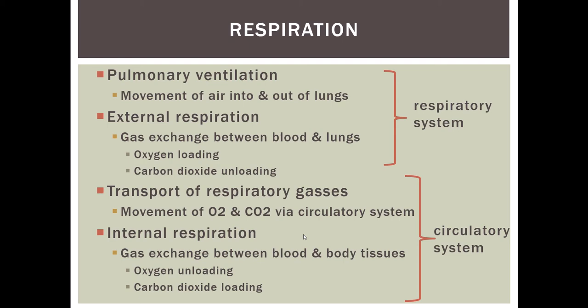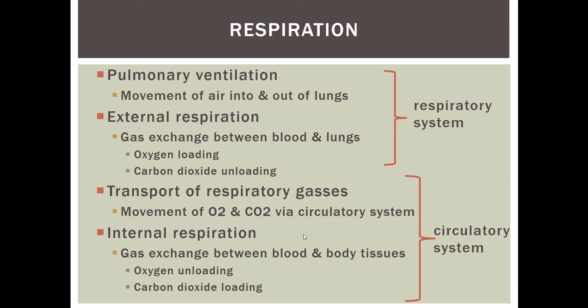Then, once we have those gases in the circulatory system, they're going to move around the body. That is carried out by the circulatory system, right? It's considered a respiratory process, but it's really the circulatory system that's transporting our respiratory gases: oxygen attached to hemoglobin primarily, and carbon dioxide primarily dissolved as bicarbonate in the blood plasma.